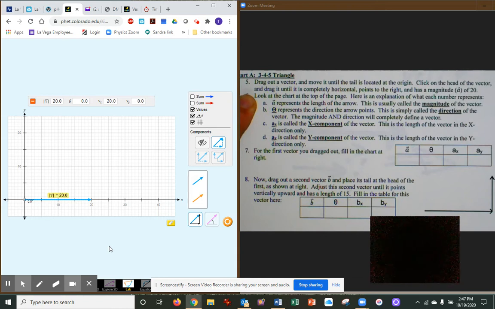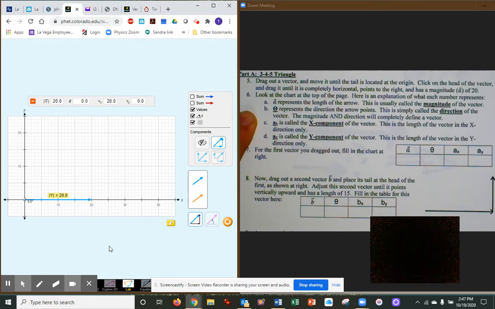Okay. Now think back to when you were plotting lines in math. You're going to relive the days of plotting lines and Pythagorean theorem. So look at the chart at the top of the page.